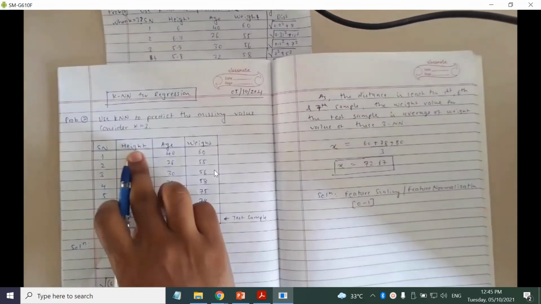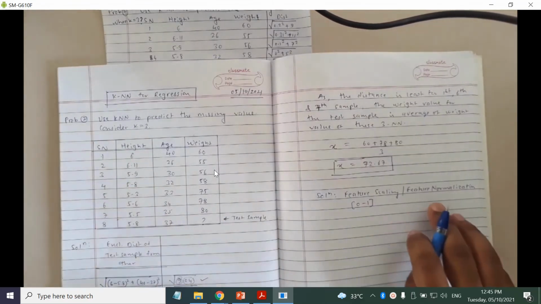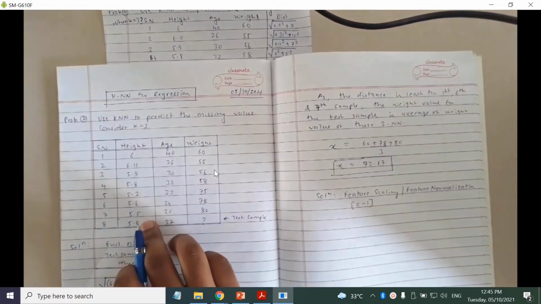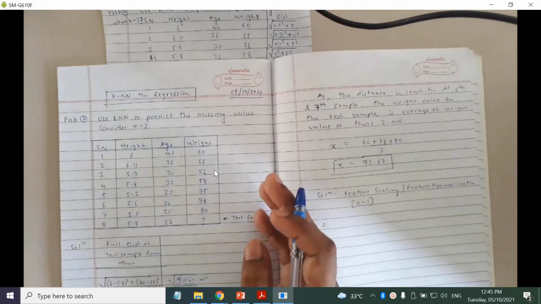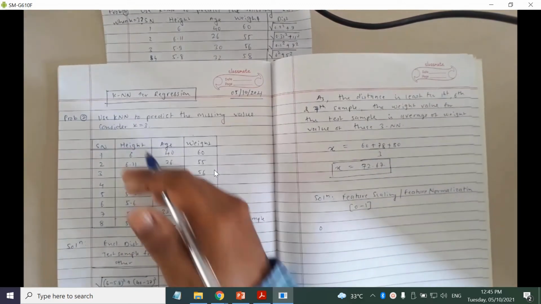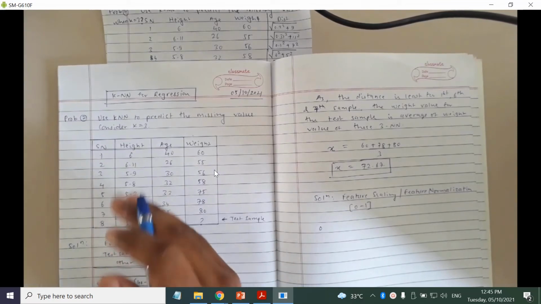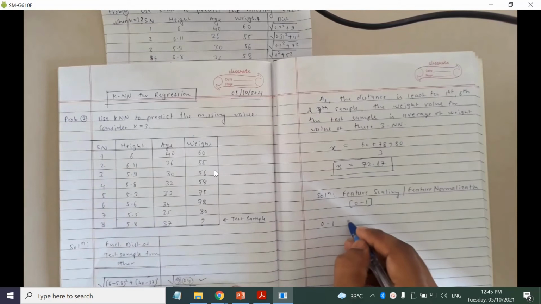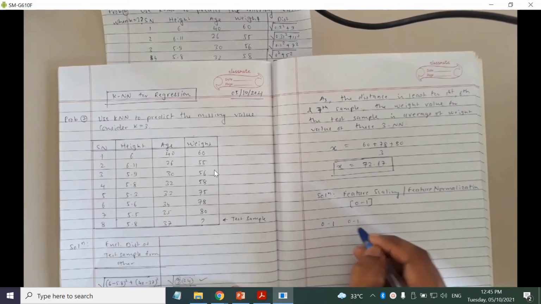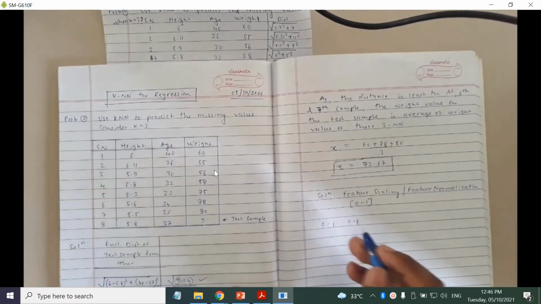So we will normalize height: the least value in this range will get 0, the highest value will get 1, and the other values will be scaled accordingly. Height will be converted into the 0 to 1 range, and age will be converted into the 0 to 1 range. Now there are differences.